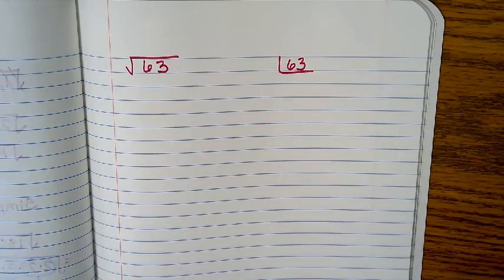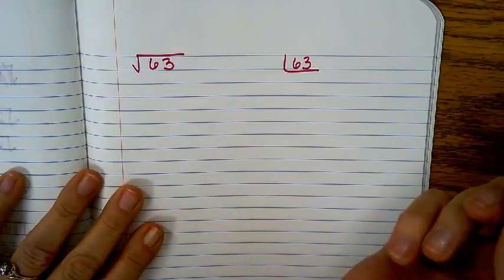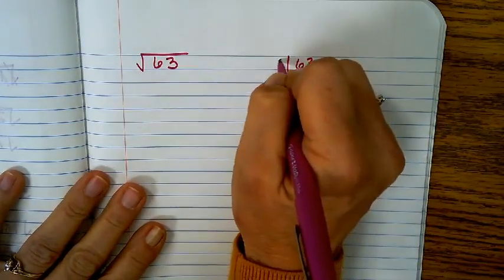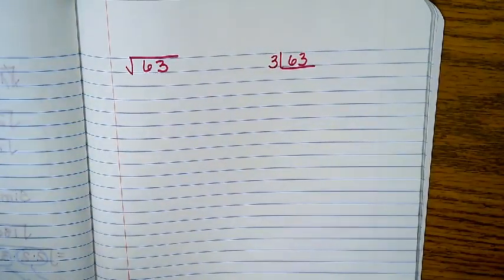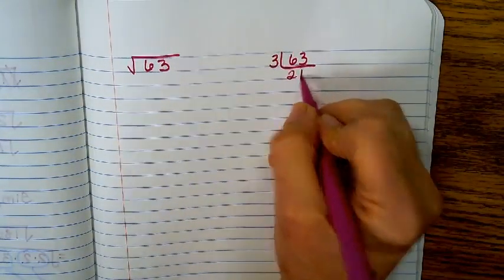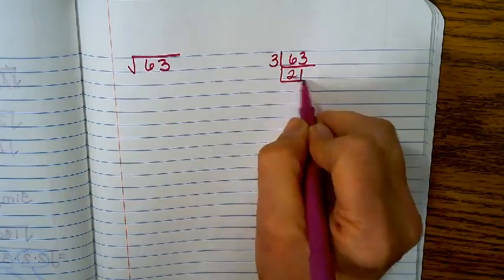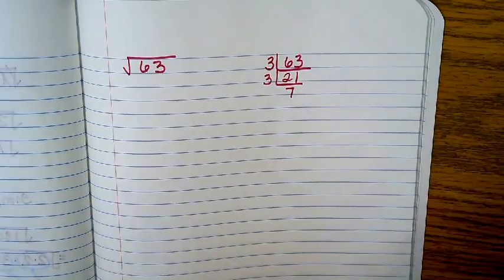So it's not. Is it divisible by 3? Yes. Is 21 divisible by 3? Yes. And you get a 7. 7's the prime number.